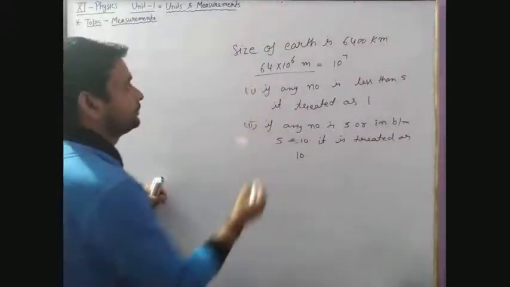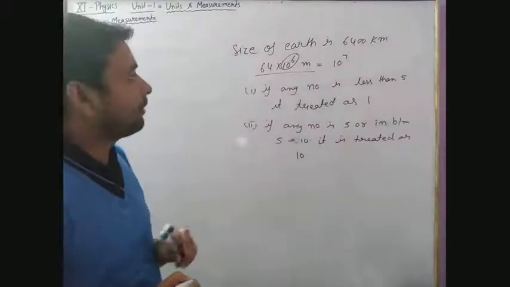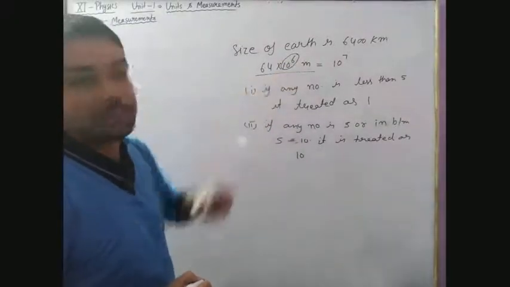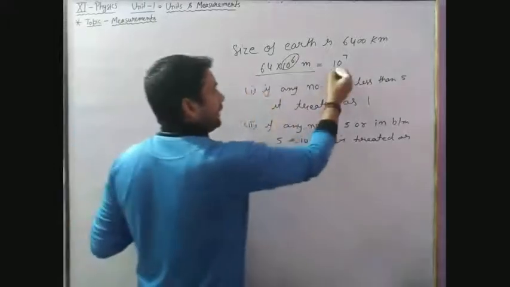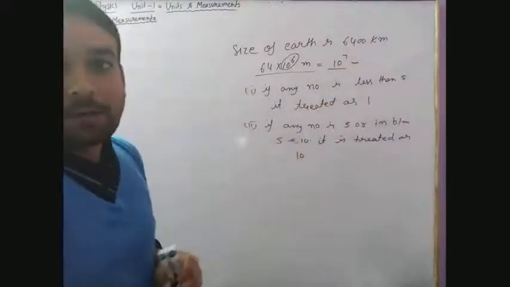That is why the order of the size of earth is 10 to the power 6, but finally I have written here 10 to the power 7.